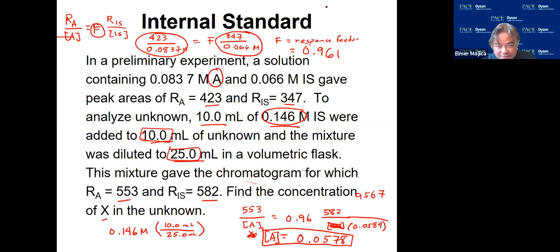From that, I'm going to multiply it with 25 ml and divide it by 10. That is the dilution factor, which is the reverse of the dilution. And if I do that, I'm going to get the concentration of what? Your A there would be equal to 0.144.